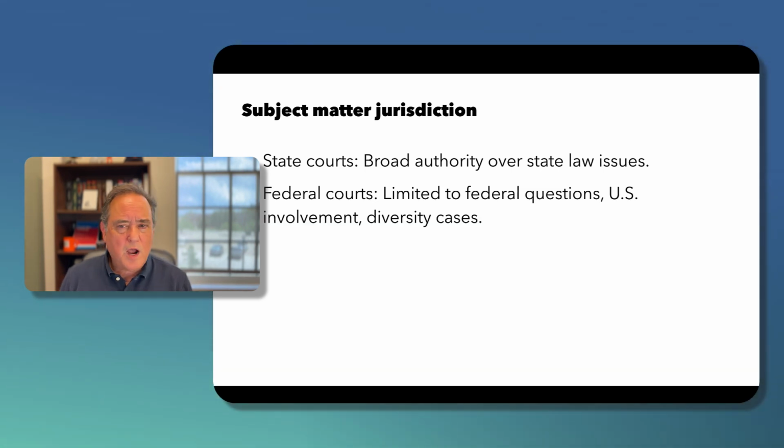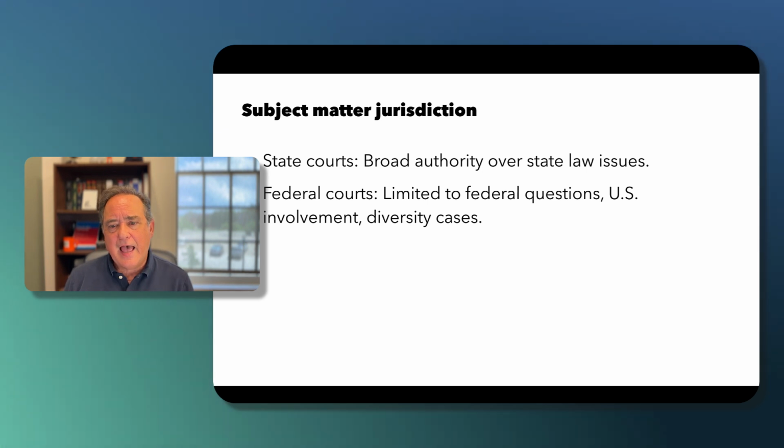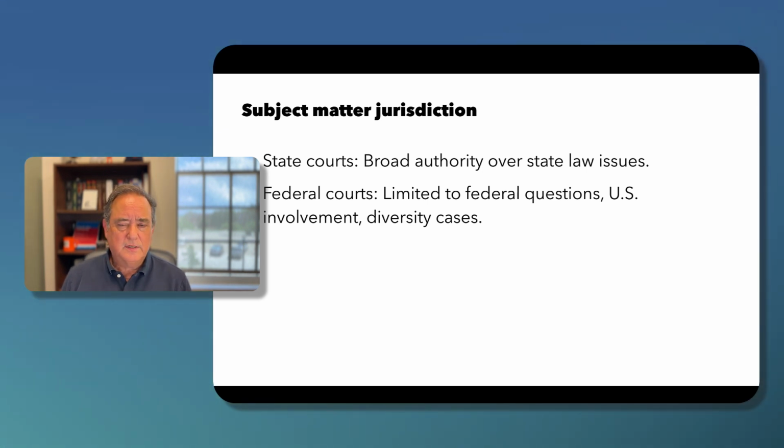Now, it becomes more complicated when we are looking at federal courts. And one of the reasons why I said that our judicial system is so complicated has to do with the limited jurisdiction of federal courts. Federal courts are limited to three types of cases.